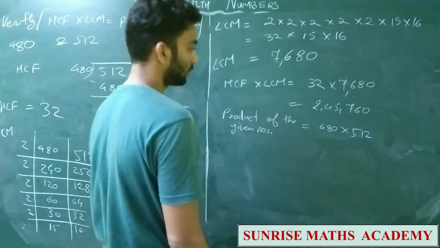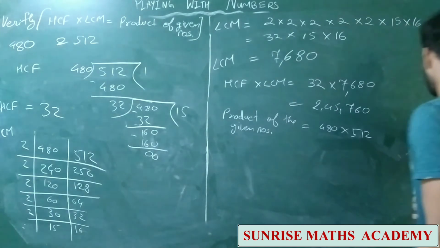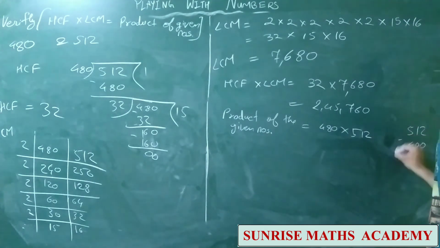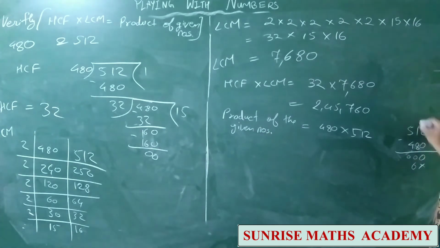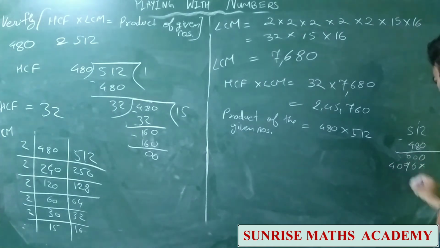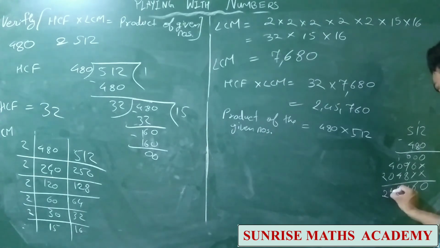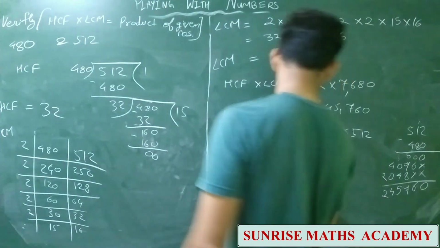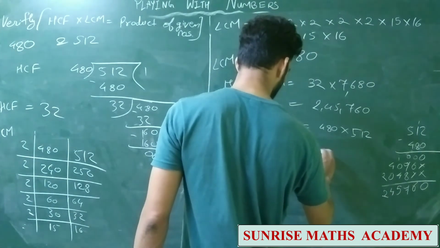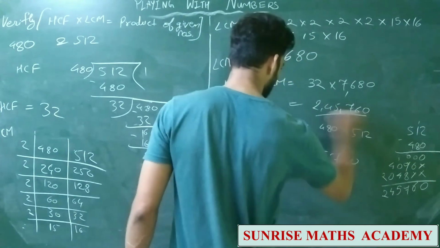I am not doing the rough work, you can do the rough work calculation. 2,45,760, which is the same.